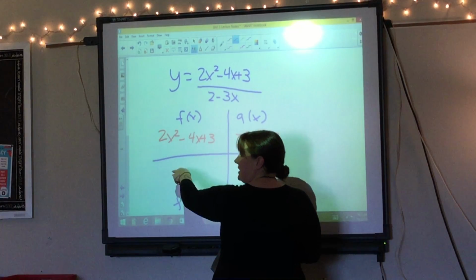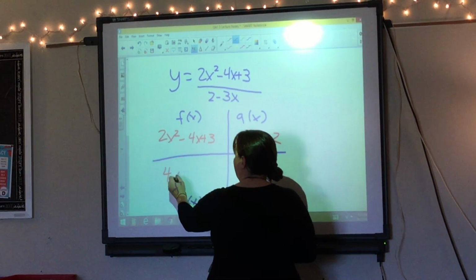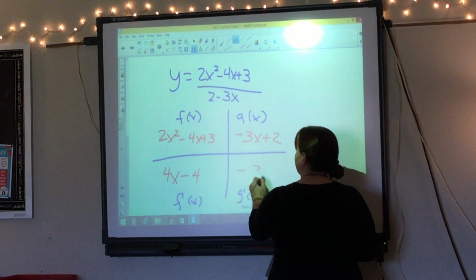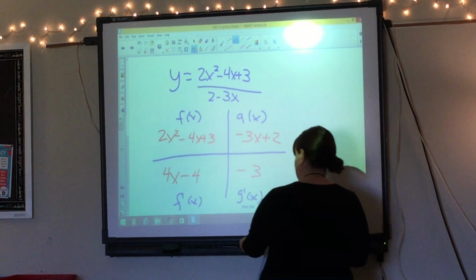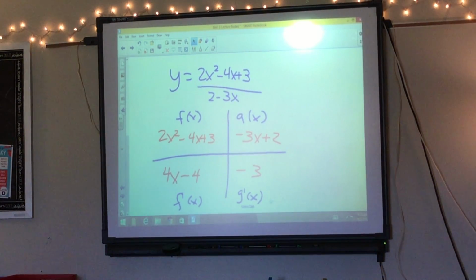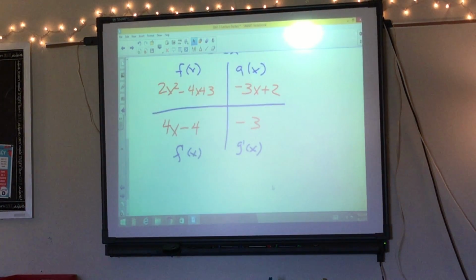Okay, we differentiate this: 4x minus 4. And this one is negative 3. So now we do low d high minus high d low, square the bottom, and away we go.